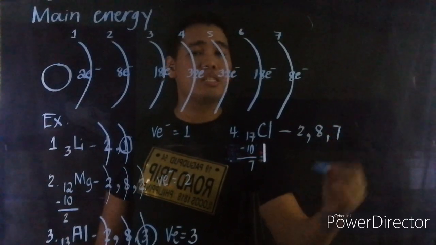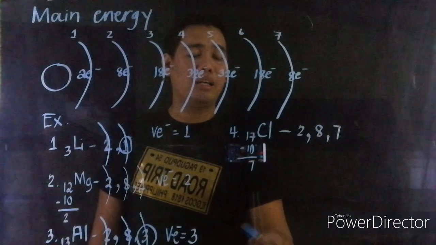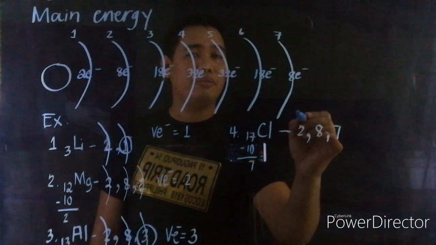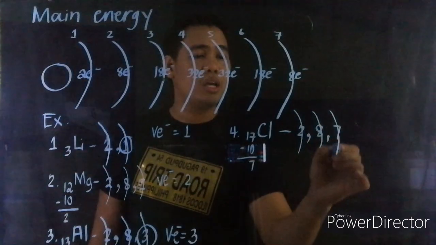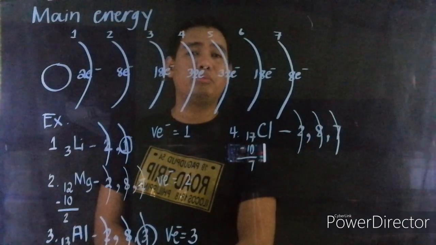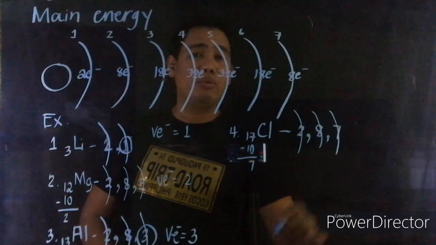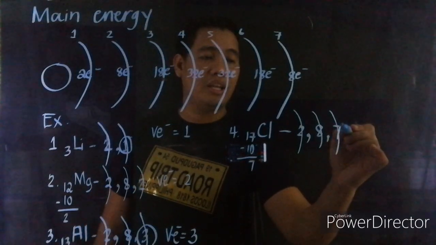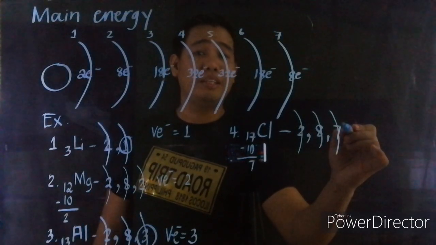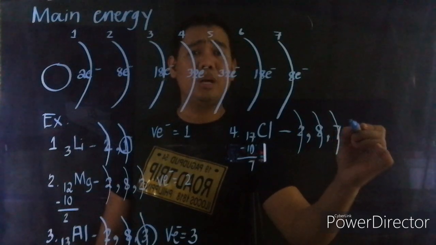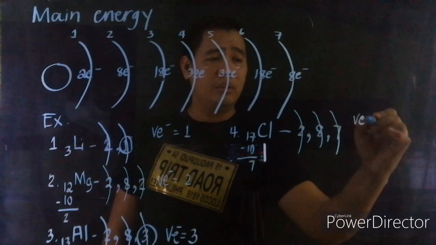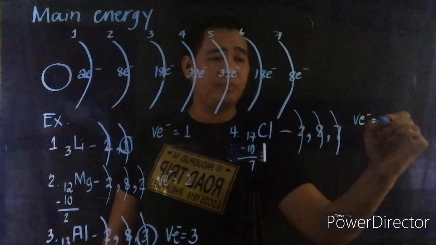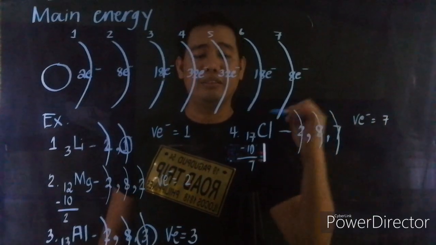So 7 is the last electron. So we have how many shells? 1, 2, 3. So chlorine belongs to period 3. And what is the number of electrons in the last shell or outermost shell? And that is 7. So therefore, chlorine belongs to group 7. And the valence electron is 7.